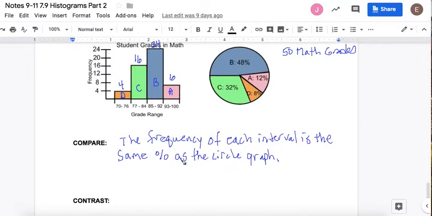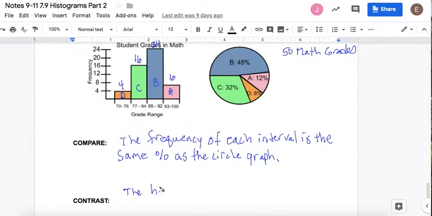Now let's figure out why they're different. So look at the histogram and look at the circle graph, and notice that the histogram has intervals and the circle graph uses percentages. And another difference that you should notice is that this uses bars to chart the frequency. Okay, so under contrast, this is how they're different.